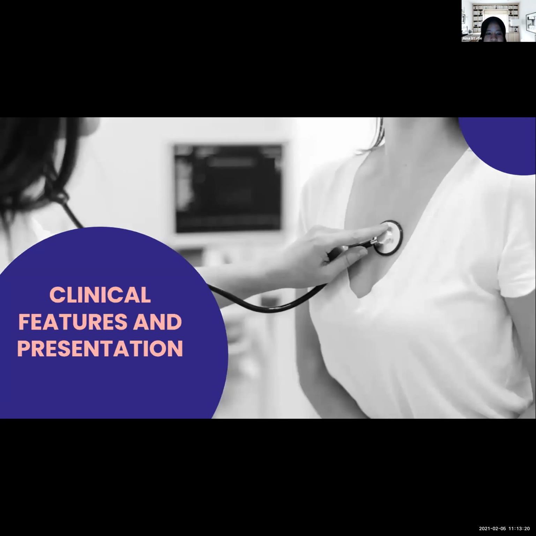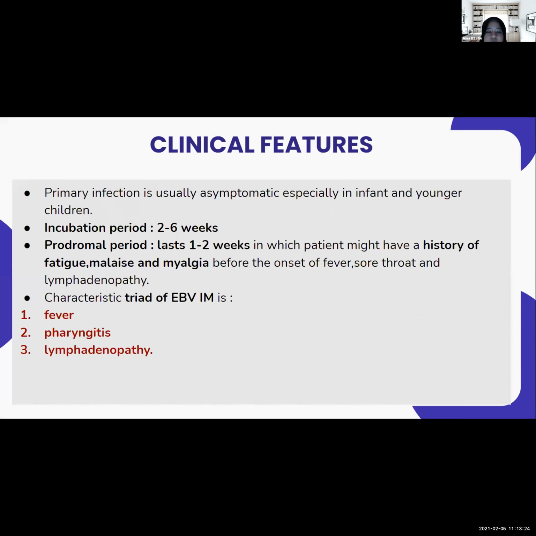Okay, next we move on to clinical features and presentation. Like I said, the primary infection is usually asymptomatic if it occurs in infants and younger children. The incubation period is about 2 to 6 weeks. After the incubation period, there will be a prodromal period that lasts from 1 to 2 weeks, in which the patient might have a history of fatigue, malaise, and myalgia before the onset of fever, sore throat, and also lymphadenopathy.